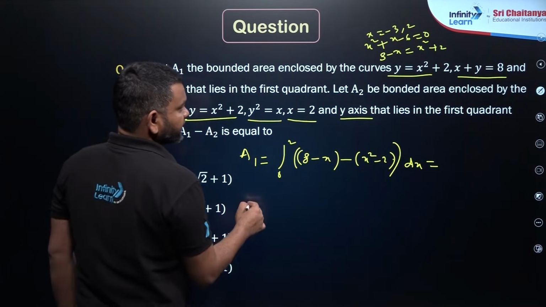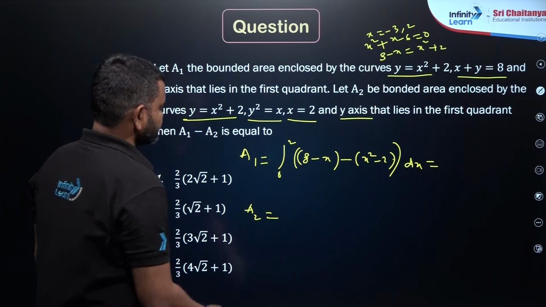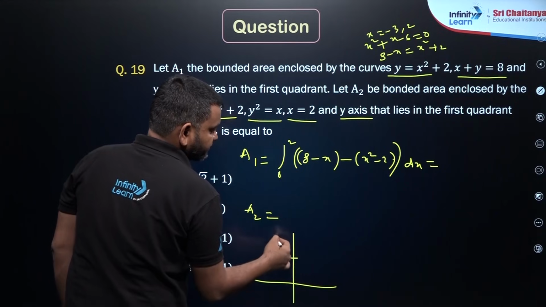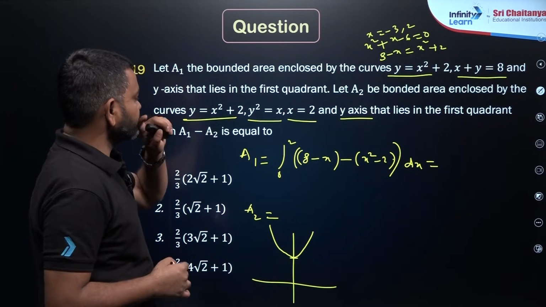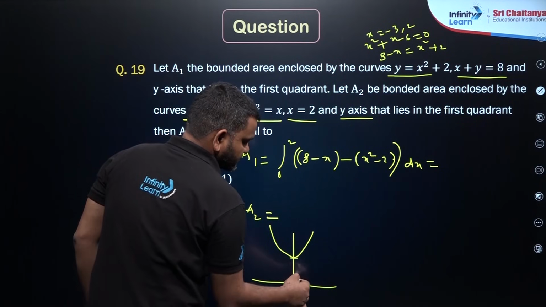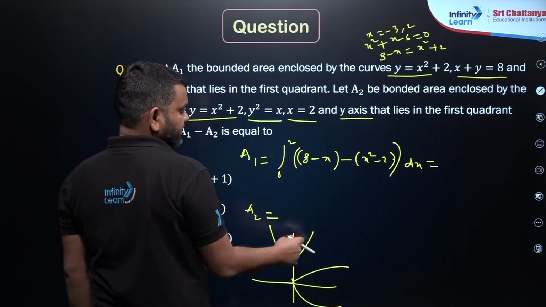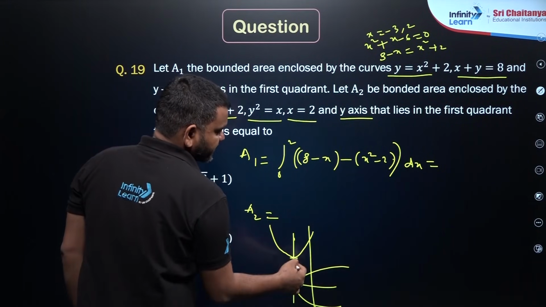Now if you are looking at A2, one of the equations is the parabola x square plus 2. So if I say 2 is here, this is in the upward direction, y square equals x. This will be somewhat like this. Now there is no intersection point between these two, and x equals 2 is somewhere here, the y axis is here.